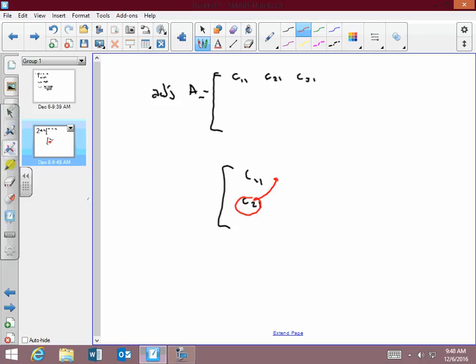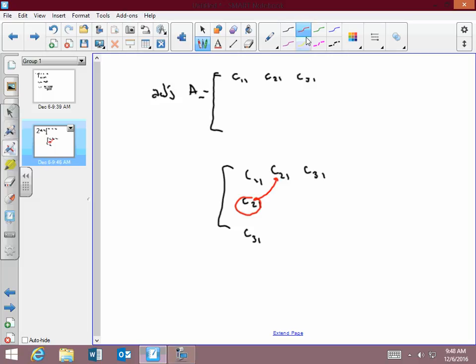And then this one that's down here, the cofactor of the third row, first column, will be the cofactor of 3,1.